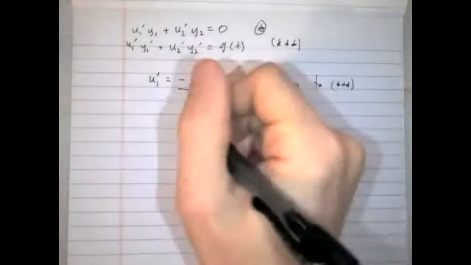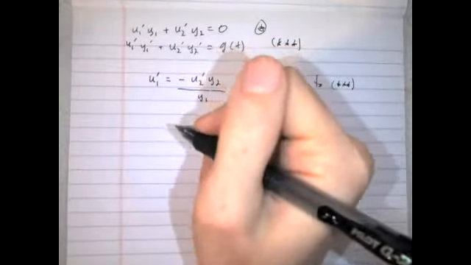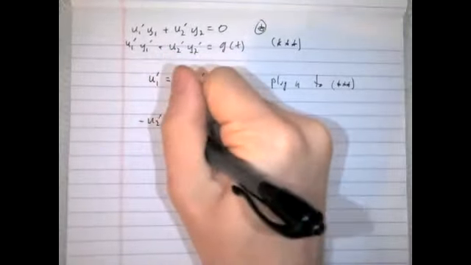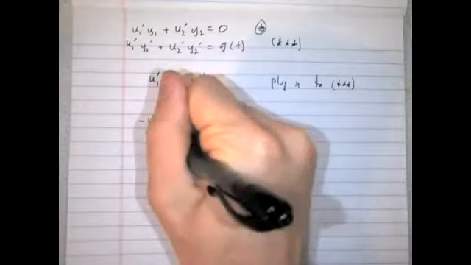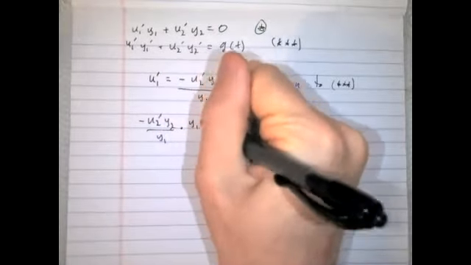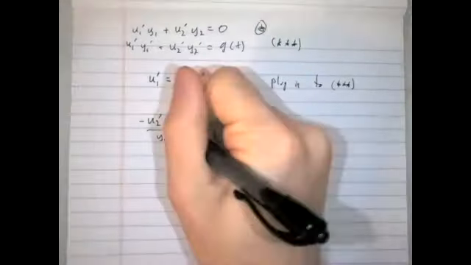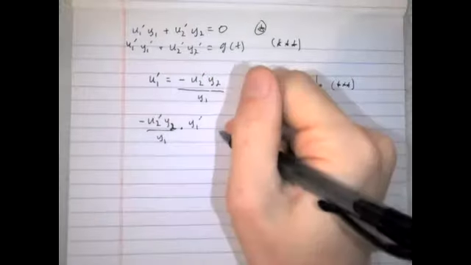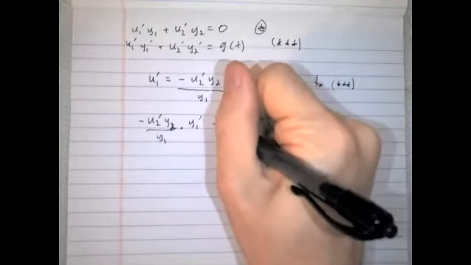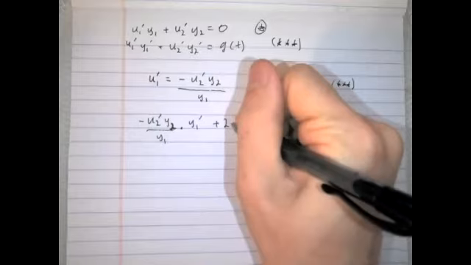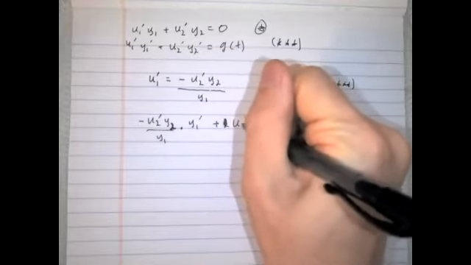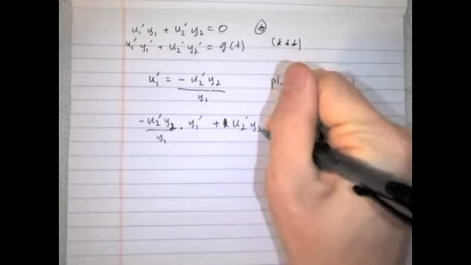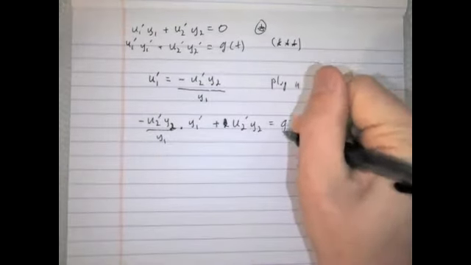And what I get is negative u2 prime y2 over y1 times y1 prime. I know it's getting kind of messy and confusing, but it'll simplify in a moment. Plus u2 prime y2 prime is equal to g of t.